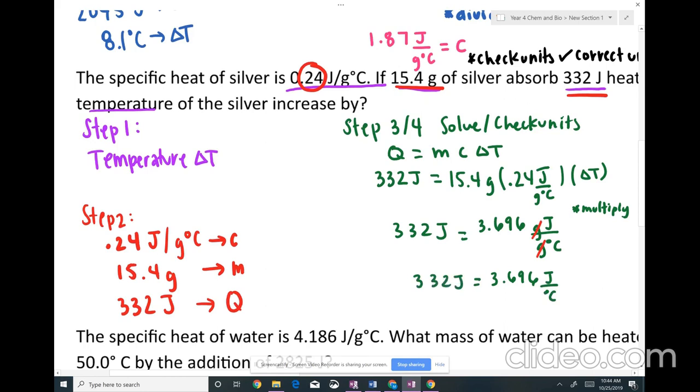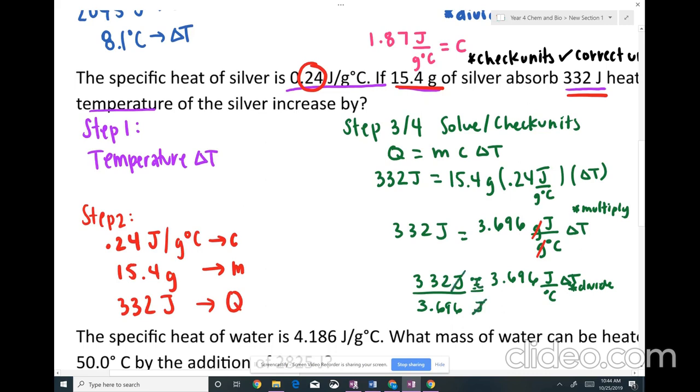Now I'm going to divide this number right over here to get my delta T, so that I isolate my delta T. What I'm going to be dividing by is 3.696, and because when you divide you're going to have degrees Celsius over joules, my joules are going to cancel.